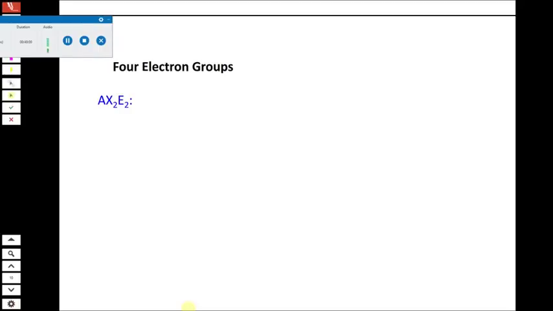Okay, so the way we draw this, if we were drawing it in the typical orientation that I've been using, we draw it like that. We put lone pairs on two of the positions, and you put the X's in the other two. Again, which two get lone pairs, which two get atoms doesn't matter because they're all equivalent. The more conventional way of drawing this is sort of in this orientation.